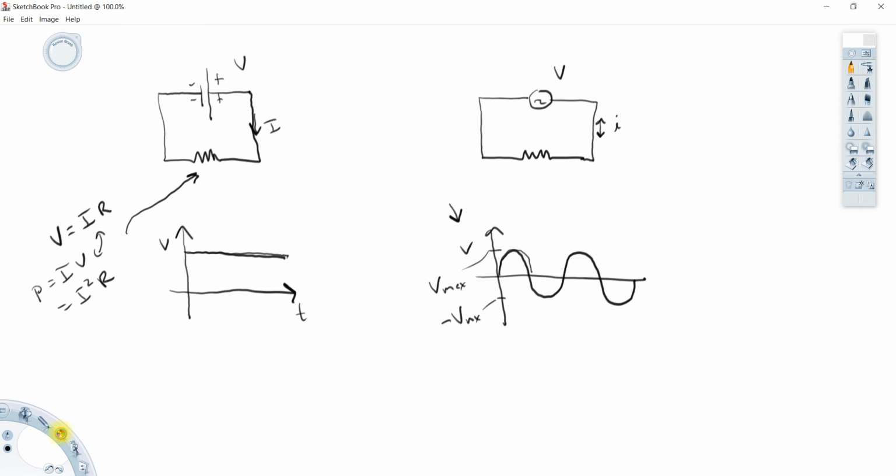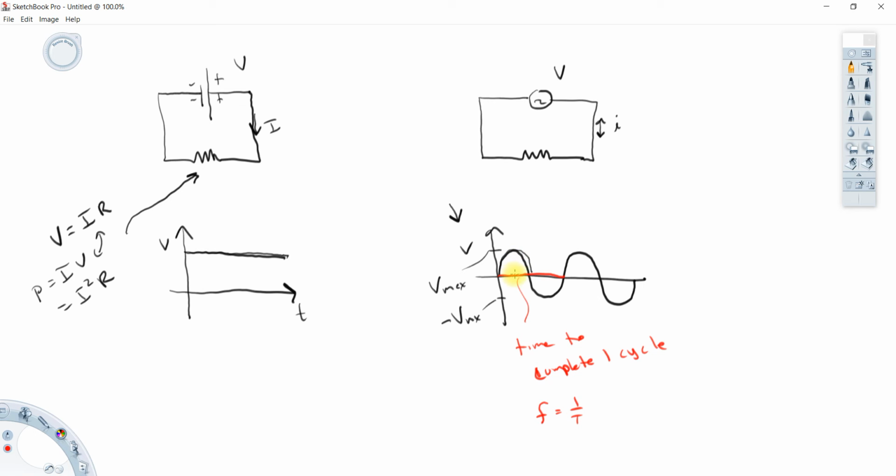There's a time frame. I'm going to put this in the graph. From here to here is the time to complete one cycle. That's called the period. And there's what's called the frequency, which is 1 over the period. Now, what does this mean?